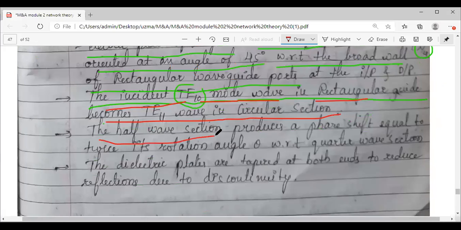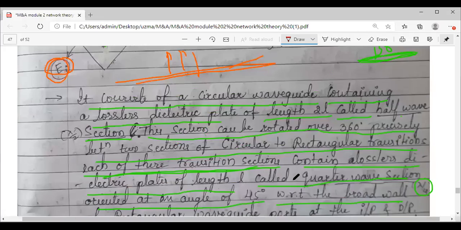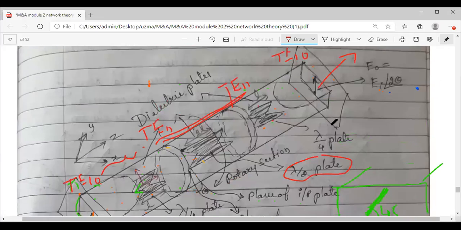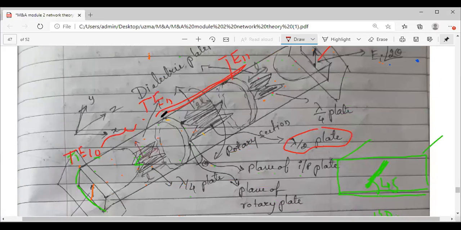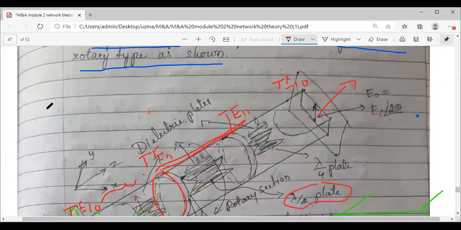So this half wave section at the center will produce a phase shift equal to twice its rotation angle. So first of all, you need to understand what this rotation angle is. As I explained just now, suppose this is your circular waveguide, let me draw it here. This is your circular waveguide, center section.